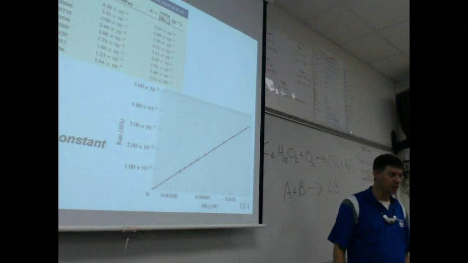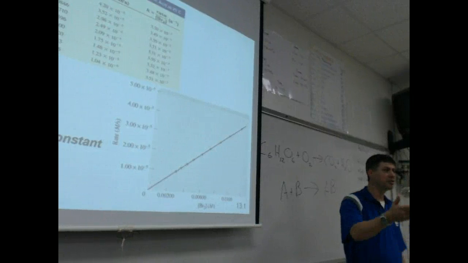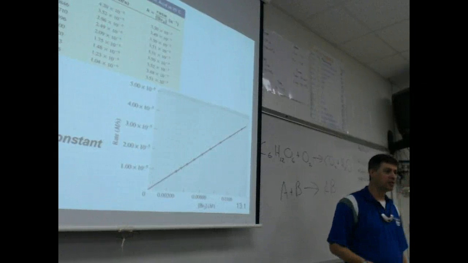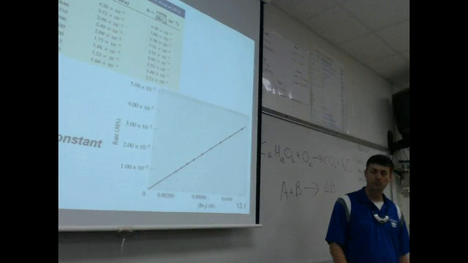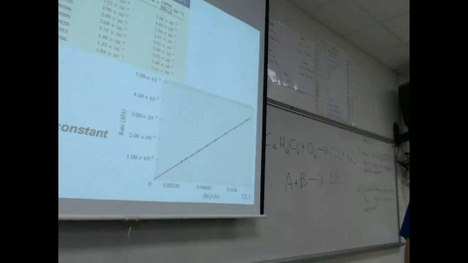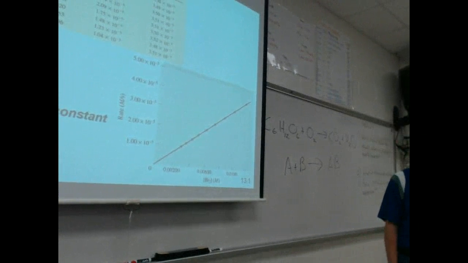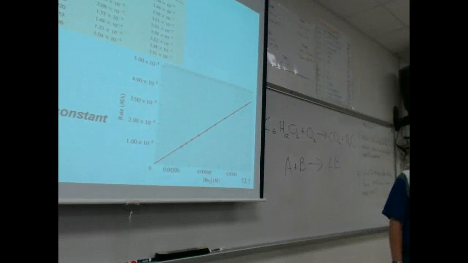Is that not what we saw with the oxygen at the beginning of class? Yes. We increase the concentration of oxygen, the rate sped up, right? Does that mean we can increase the concentration of the iron and the reaction will speed up?